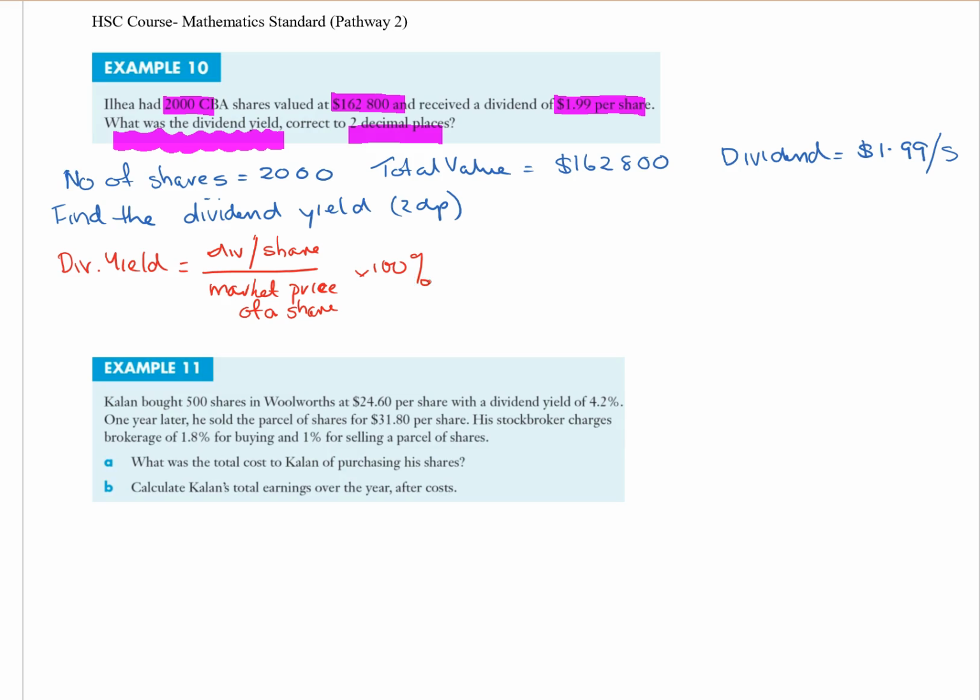Now, I do have the dividend per share. That was this. Dividend, $1.99 per share. So I could start to write this up mathematically.